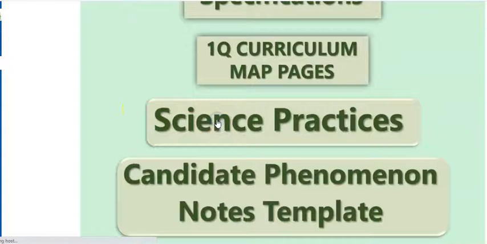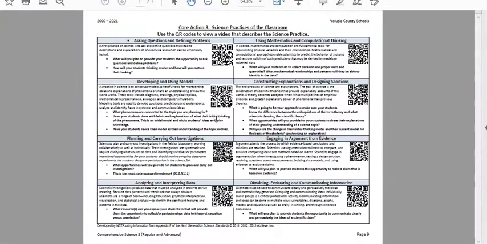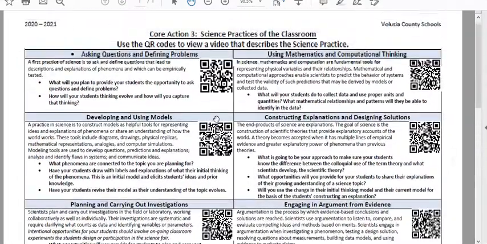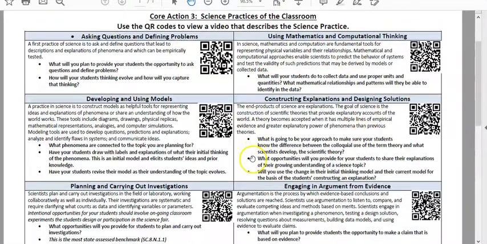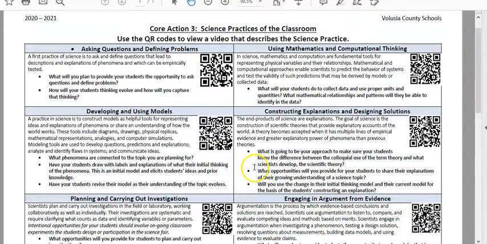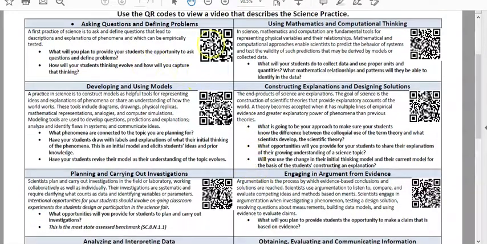The science practices are another part that is going to be important to consider when we're looking at a candidate phenomenon. And just a reminder that 8 of them are explained on page 9 of all curriculum apps, but you have a link here. When you go to the QR code, there's a video from Paul Anderson of Bozeman Science to give you even further clarification.